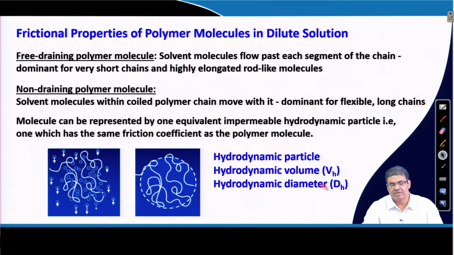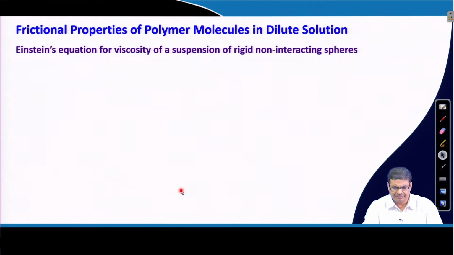So, when you talk about hydrodynamic size, then we can talk about either hydrodynamic radius, diameter or volume. And the dynamic light scattering technique is actually used to determine the hydrodynamic size of a polymer particle or polymer molecule in solution.